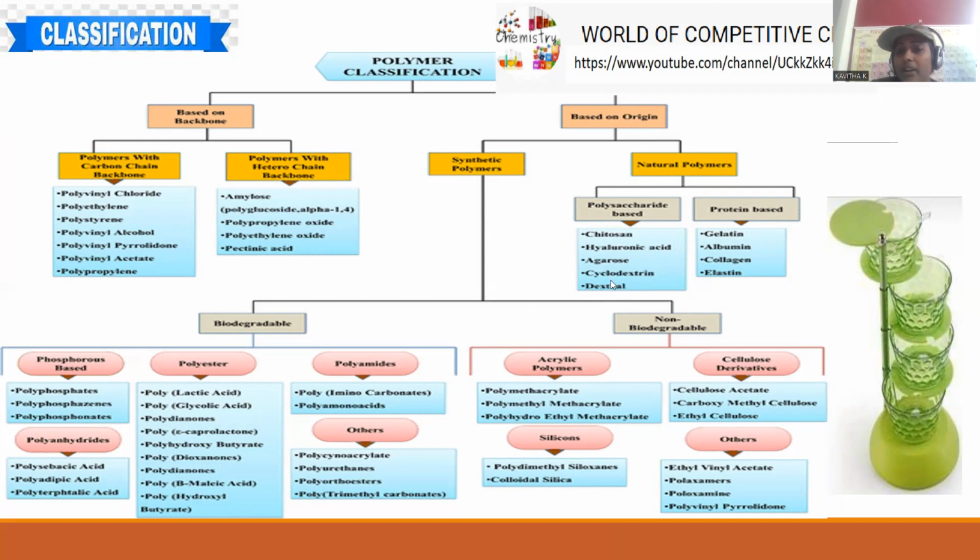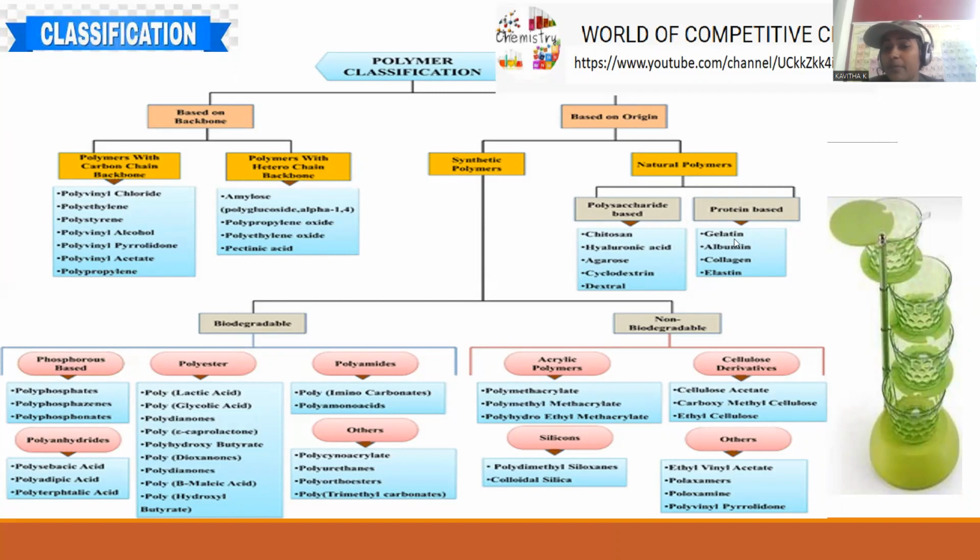All these are part of polysaccharides. A simple example is cellulose as well, which is available in plant material and can't be digested in the human digestive system. That is also a polymer of n number of repeated glucose units, so it is also considered a polysaccharide.